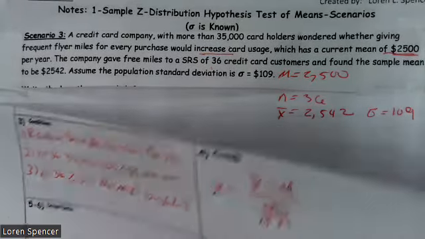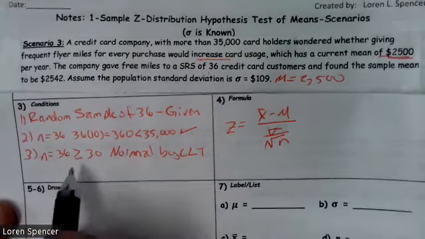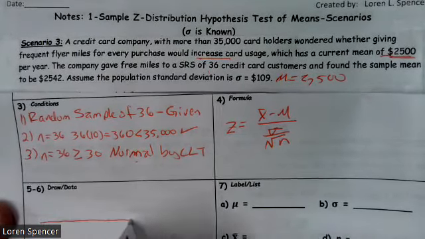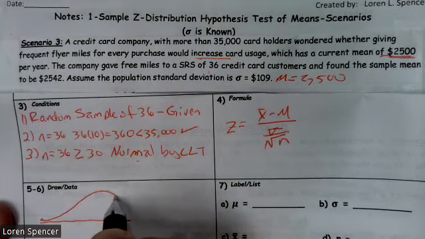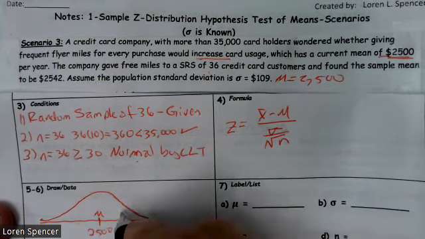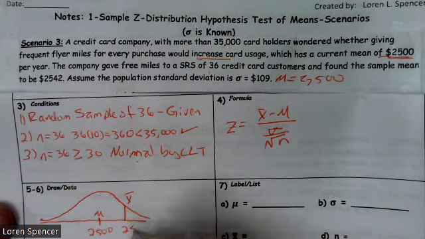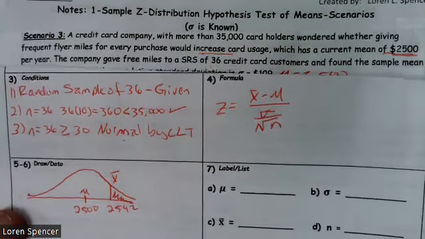Next, it asks us to draw the look of our distribution. We know the distribution of the means is centered on the population mean, and the population mean is 2,500, or at least that's what the claim is. But we got an x bar of 2,542, and we're looking for it to go this way.